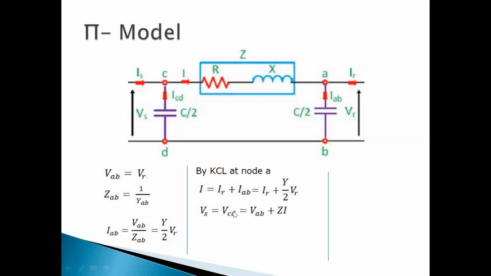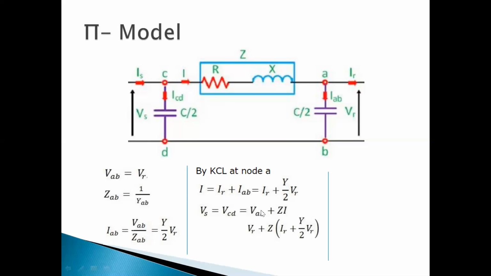Vs is equal to VCD. The same thing here: the voltage in parallel is the same. So Vs is equal to VCD, and VCD is equal to VAB plus ZI. This is KVL. If you apply KVL in the middle loop, you get VCD equal to VAB plus the drop Z into I. So the sending end voltage is equal to VAB plus ZI.